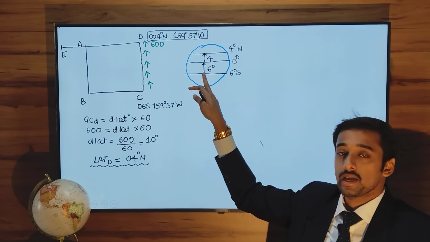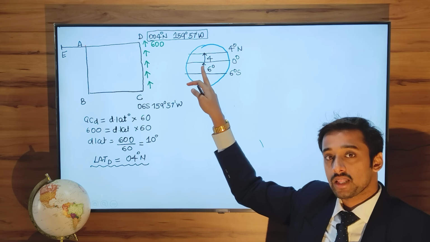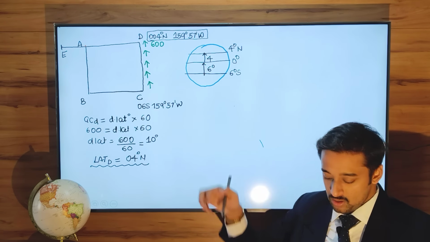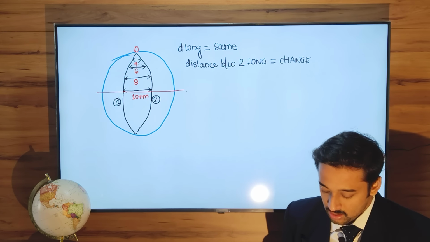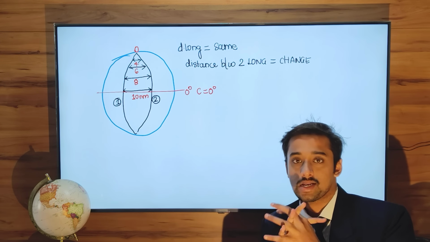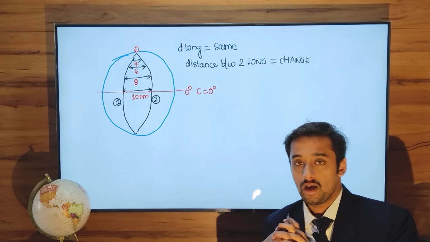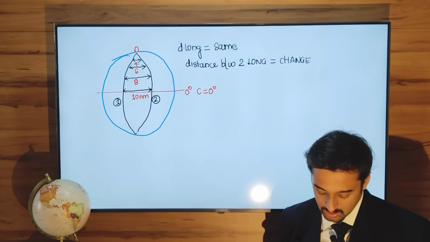We have a particular convergency. At the equator the convergency is 0, because just at the equator two meridians are parallel to each other. Beyond that they start converging, northern hemisphere or southern hemisphere.